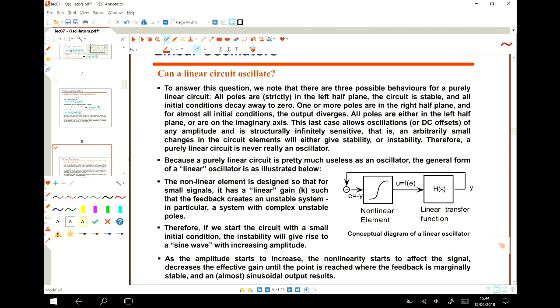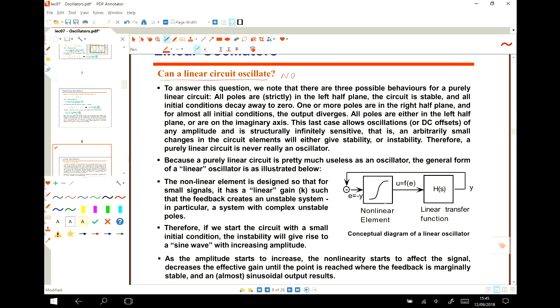So, as I said, a linear circuit itself cannot oscillate. Okay, so what we do is that we use a linear circuit, but then we add a nonlinear element into this circuit.